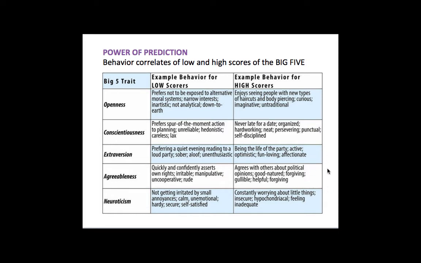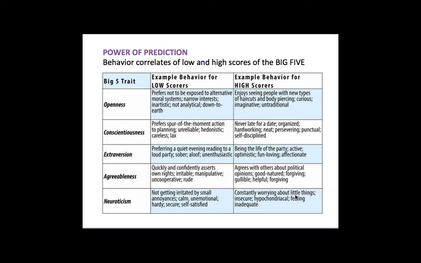Ultra high, right? Just kind of what we think of as a doormat. And then neuroticism, low scores don't get irritated by, an extreme low score could be psychopathic, right? No fear, does not fear any fear. No emotion. High scores, always dealing with anxiety and worry.